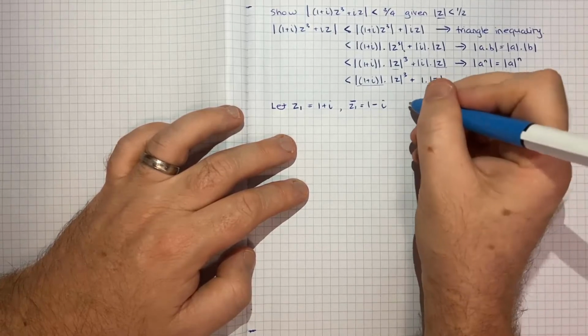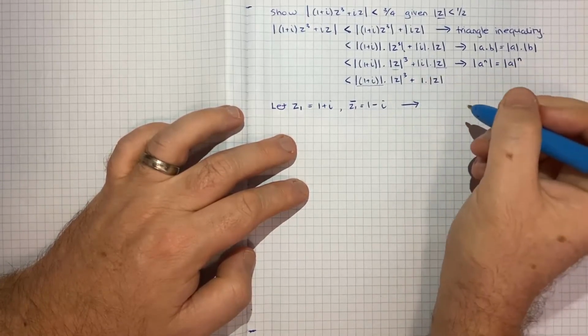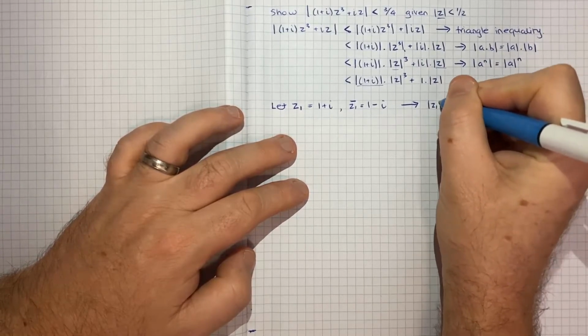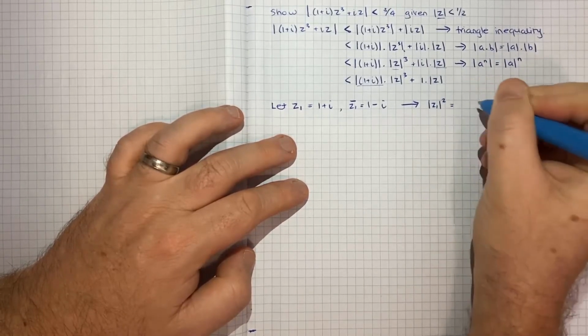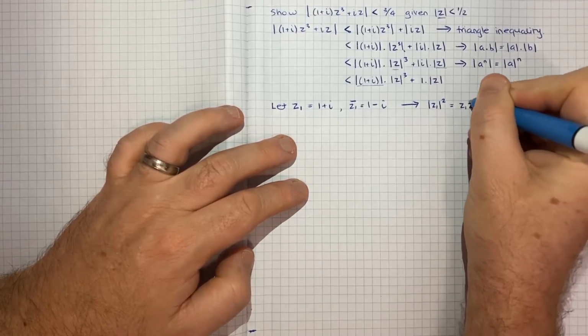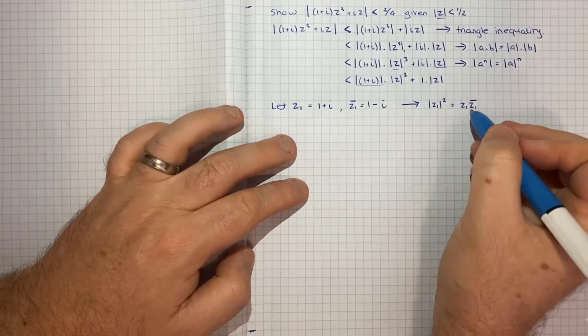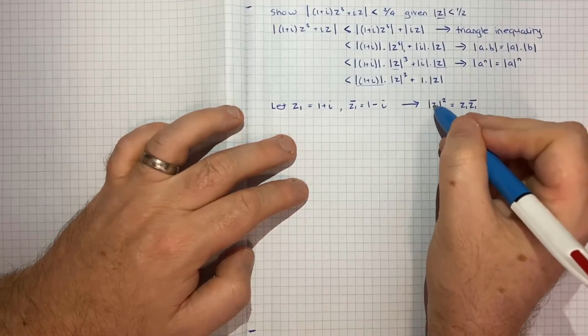And the result we want to rely on that's going to help us is that the modulus of z1 squared is going to be equal to z1 times z1 bar. When you take a complex number and multiply it by its conjugate, that is the modulus of that complex number squared.